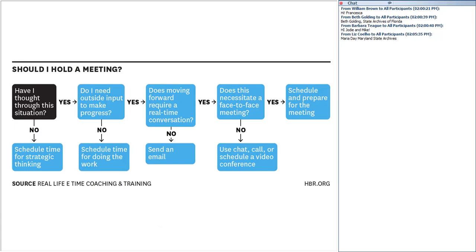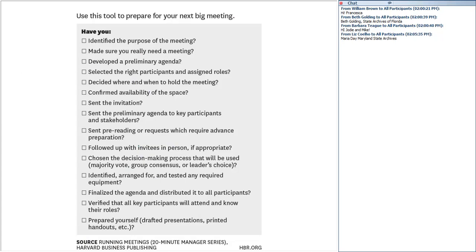Often some of these other conversations and communication tools will be quicker and more efficient. But if we are going to hold a meeting, this is a super handy checklist to make sure that the meeting goes well and is prepared for and is productive.